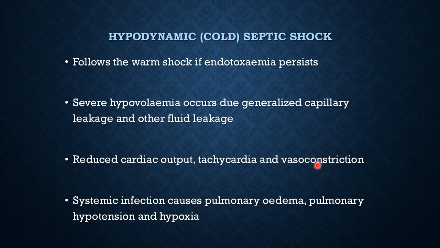Compensatory vasoconstriction tries to counteract the hypovolemia. The systemic infection, the endotoxemia, endotoxin circulating in the blood, then also causes pulmonary edema and pulmonary hypotension, and leads to swelling of the oxygen-blood interface, leading to hypoxia.